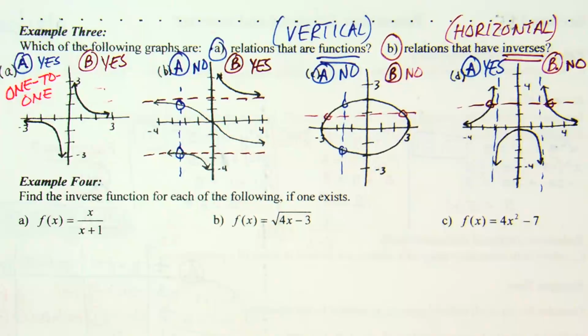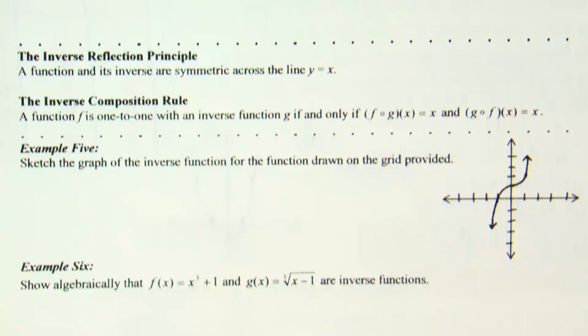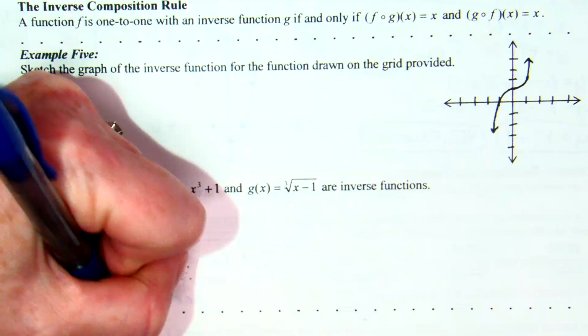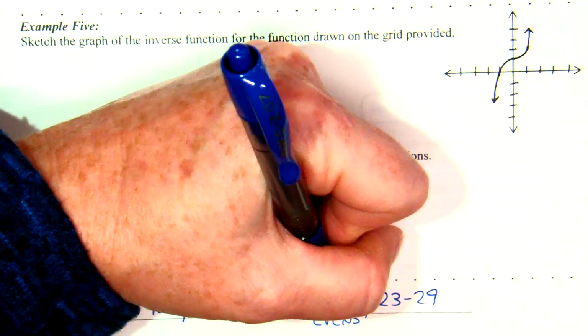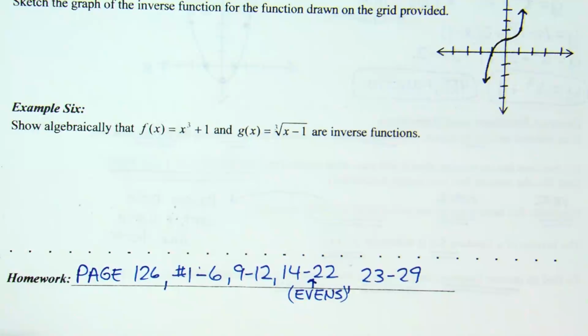If you want to go ahead and write down the homework, it is on page 126, numbers 1 through 6, 9 through 12, 14 through 22 evens, 23 to 29. I do have written on 14 through 22, no domains. I don't remember what that means, but don't worry about doing anything with domains on the 14 through 22.